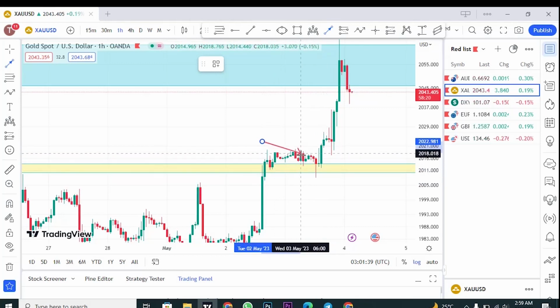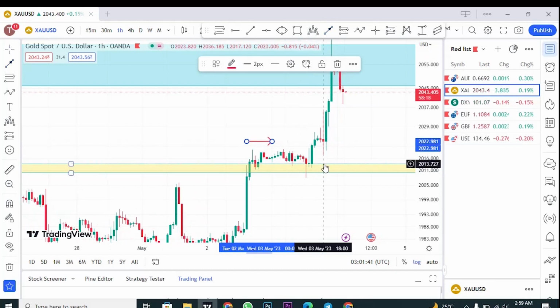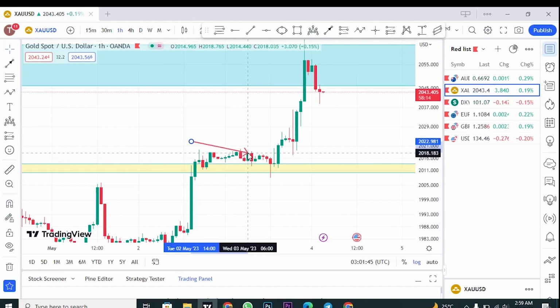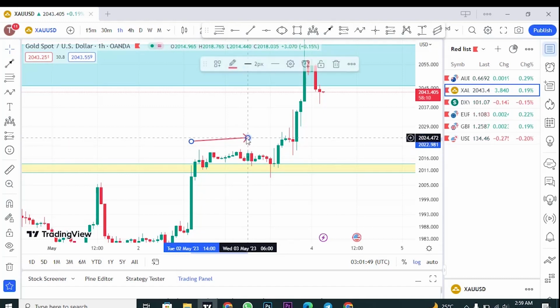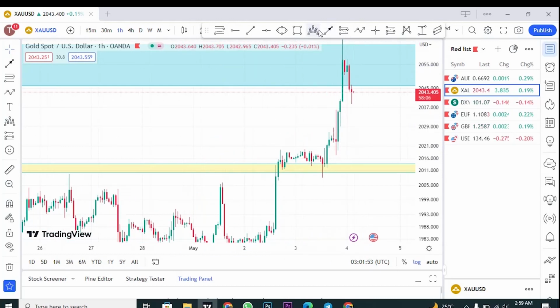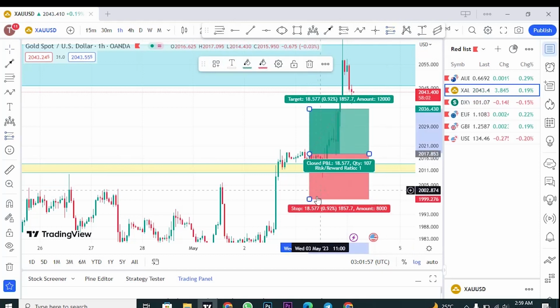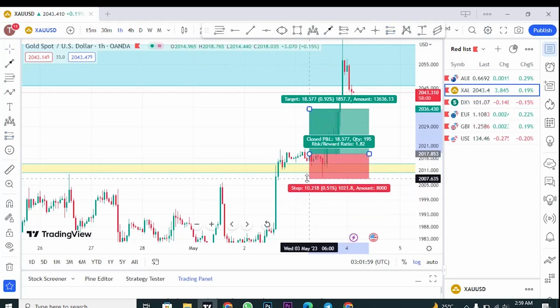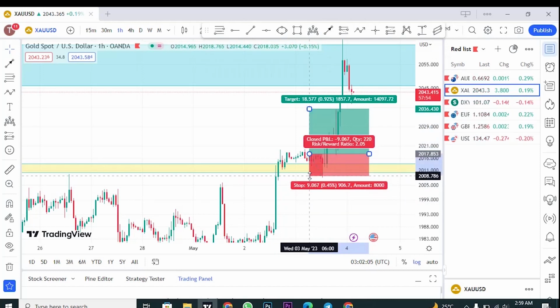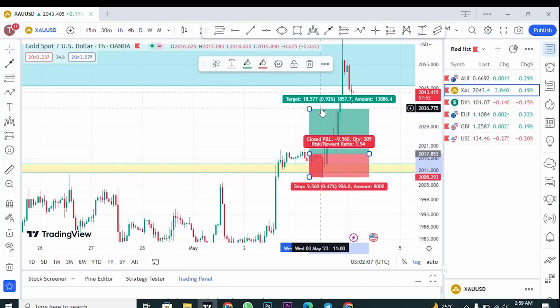So after this bullish engulfing candle right here, I was thinking that's all. So that's where I took my position. After the close of the engulfing candle, I took my position right at that point. Put my stop loss very tight right at this point, because you know gold is a pair that really moves volatile.